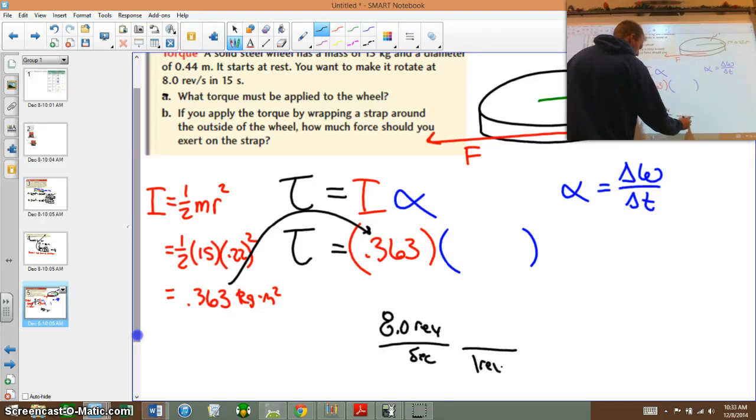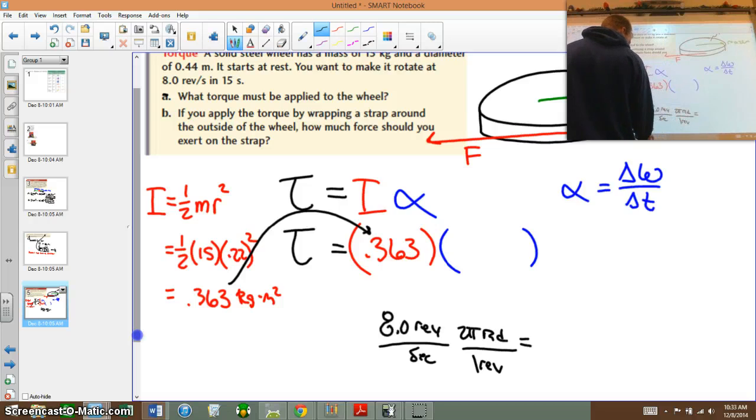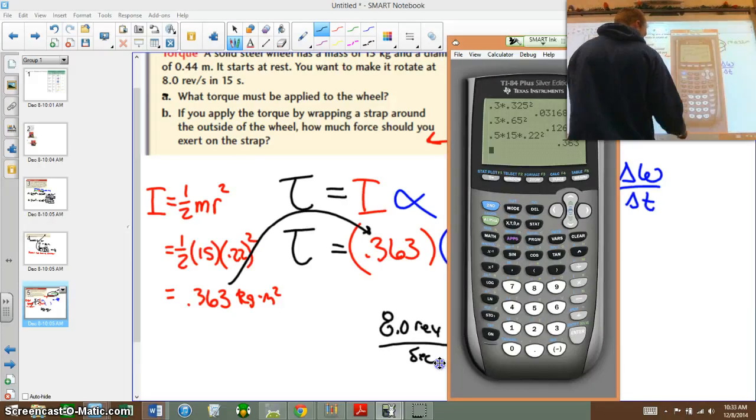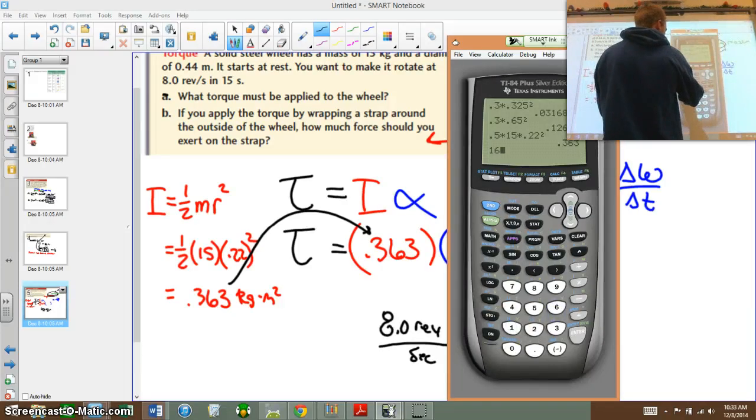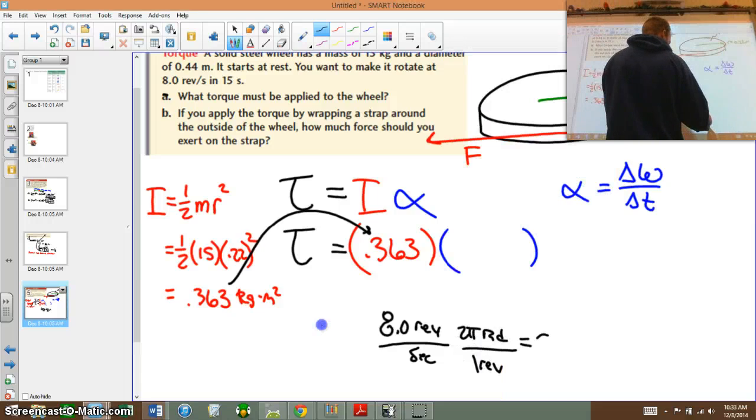One revolution is 2 pi radians. So this comes out to be 16 pi. So 16 pi is 50 radians per second.